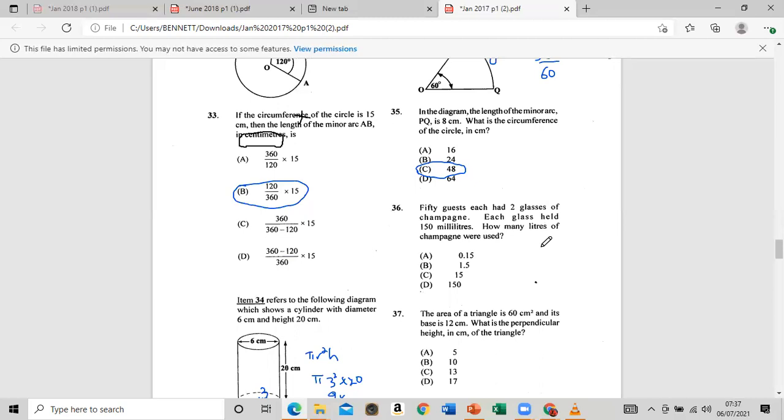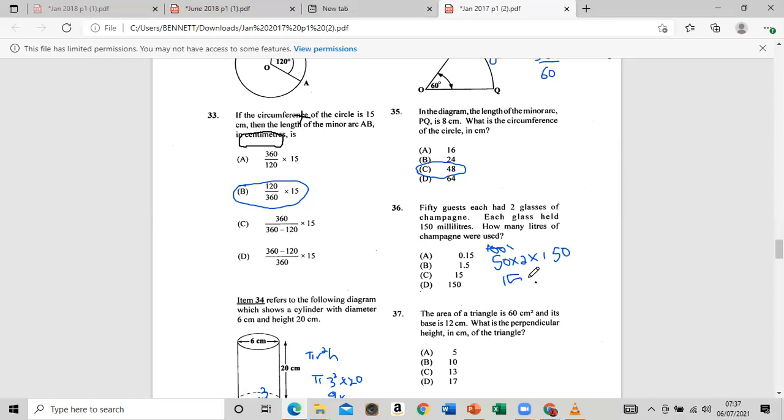So 50 guests each had 2 glasses of champagne. Each glass held 150 milliliters. How many liters of champagne were used? So 50 guests times 2, and then we times it by 150.